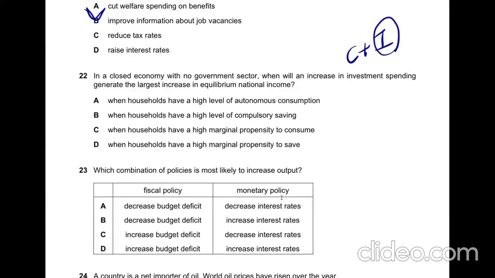When will the multiplier effect create the biggest impact? We've learned the concept using the marginal propensity to consume. When it gets bigger, the multiplier effect gets bigger as well. So that's why C is the answer.